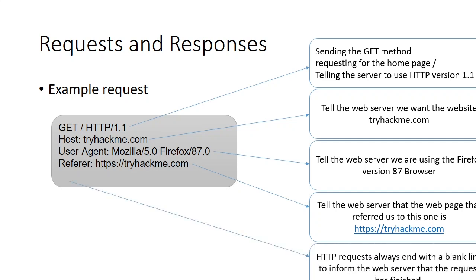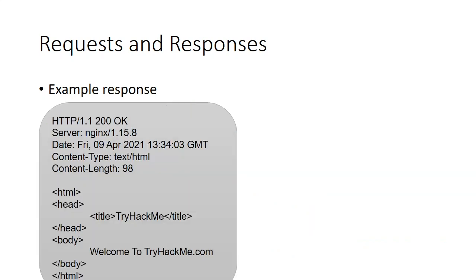As we know, or as you will learn now, HTTP requests always end with a blank line to inform the web server that the request has finished. And if we look at a response example, that's what it looks like.